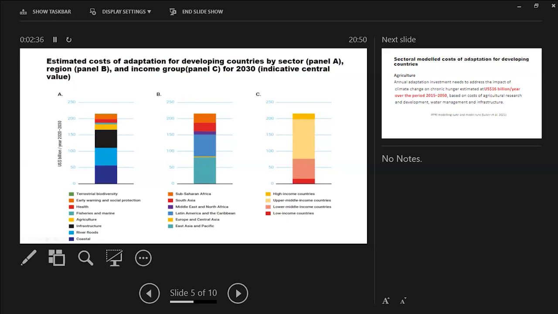And we can also see how the Southeast Asian countries require such kind of funding to meet the climate change adaptation goals.